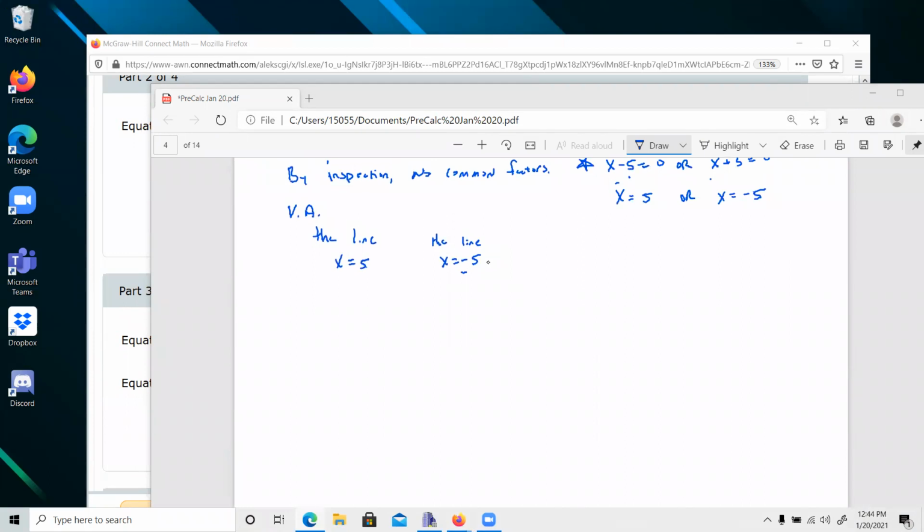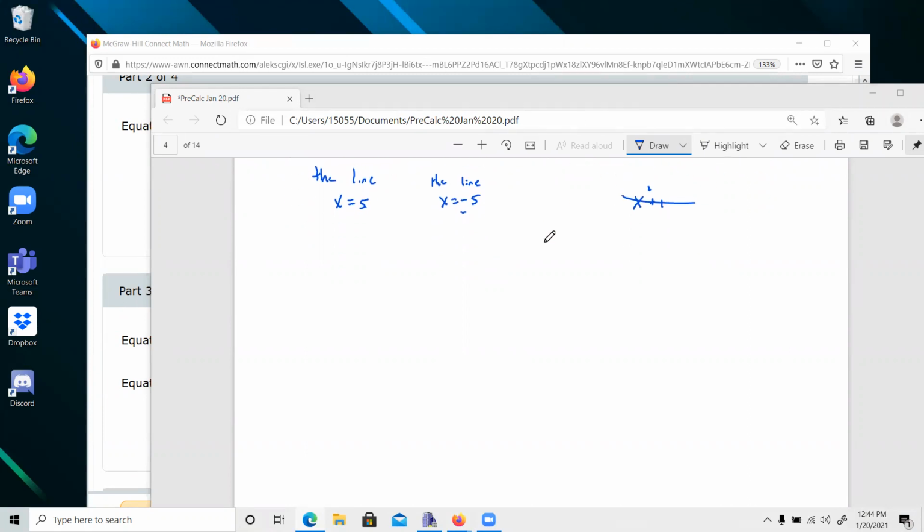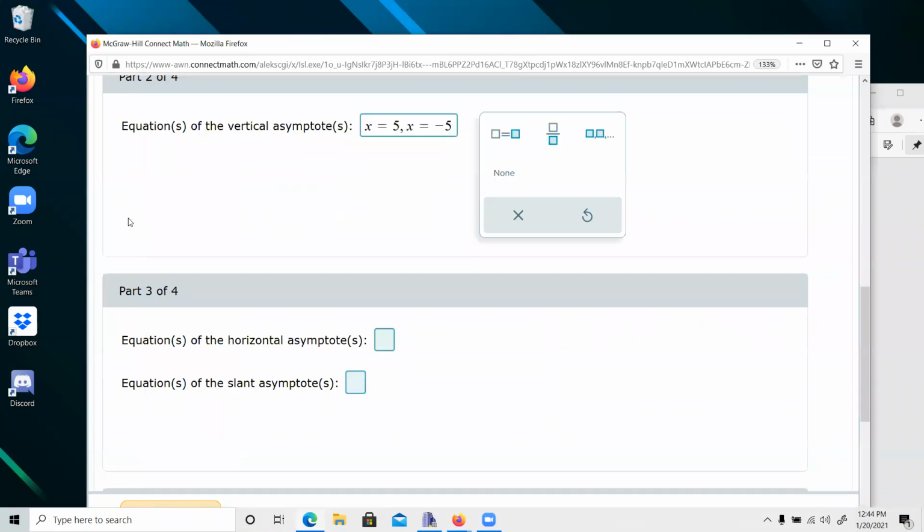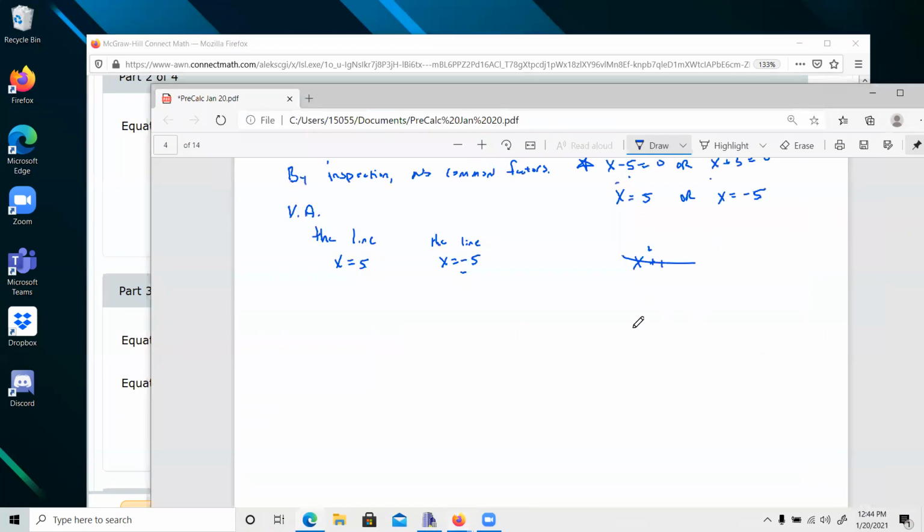Again, if possible. If the bottom can't be factored, you're done. If it's not possible, there isn't a vertical asymptote. That's your answer, so you're not guaranteed to have one. And sometimes you're just not going to, and that's okay.